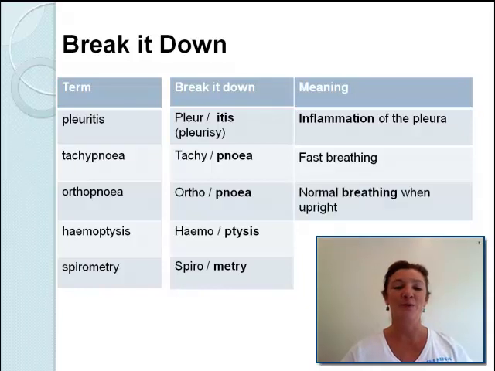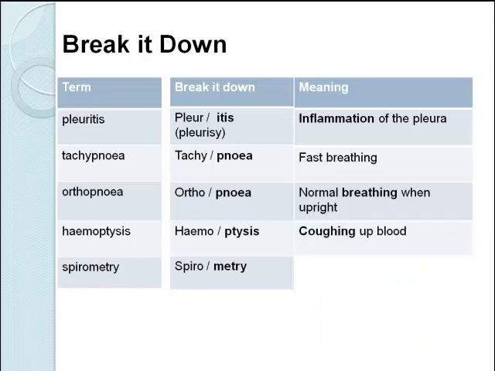So this was the one where you mean normal breathing when upright. Hemoptysis. Tussis means cough, and hemo is blood, so it's coughing up blood. And lastly, spirometry, where spiro means breathing, metry is measuring, so spirometry is measuring the breath or measuring breathing.